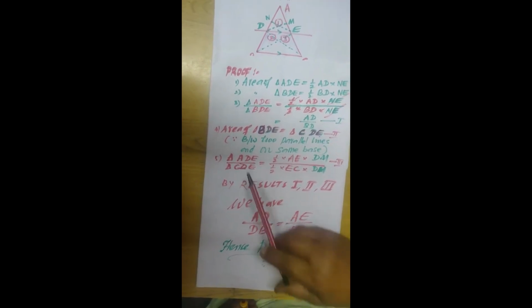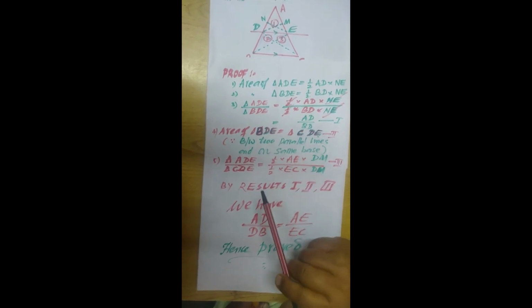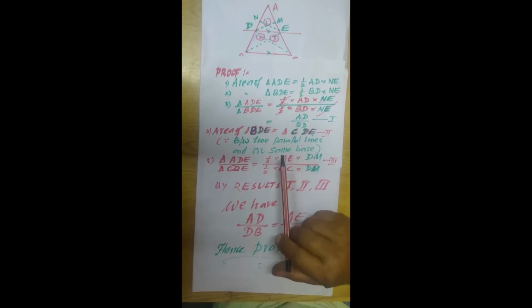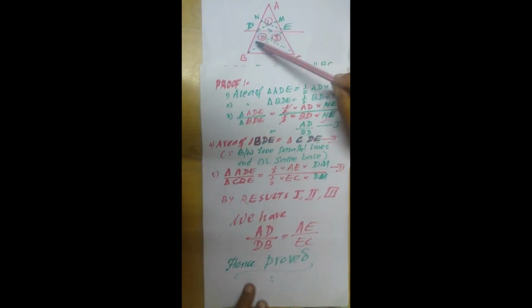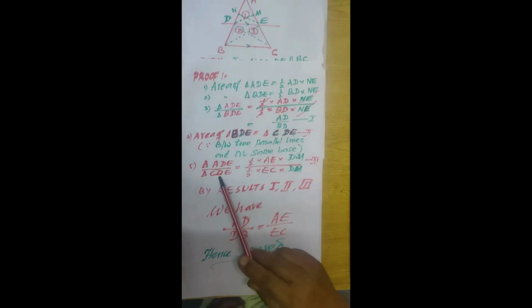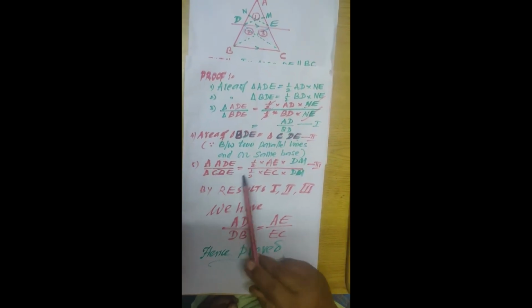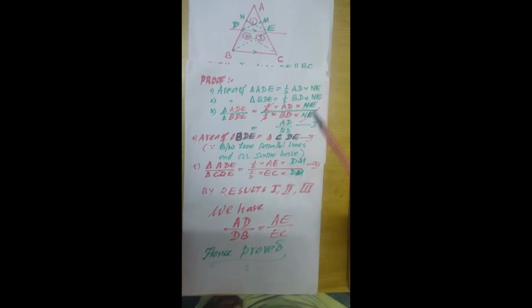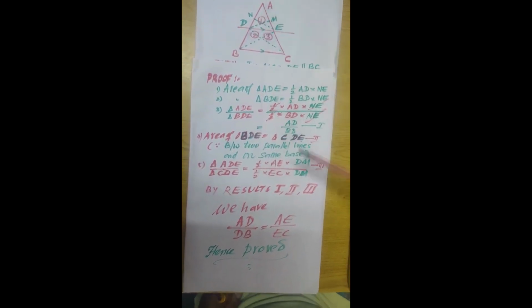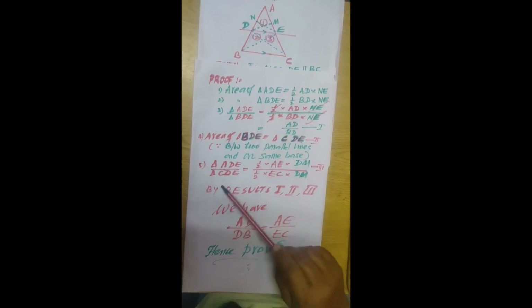Now coming to the area of BDE and CDE. On the same base between two parallel lines, the areas are equal. This BDE is equal to CDE because of two parallel lines on the same base DE. Triangle ADE by CDE: ADE triangle is half AE into DM, and triangle CDE is half EC into DM.